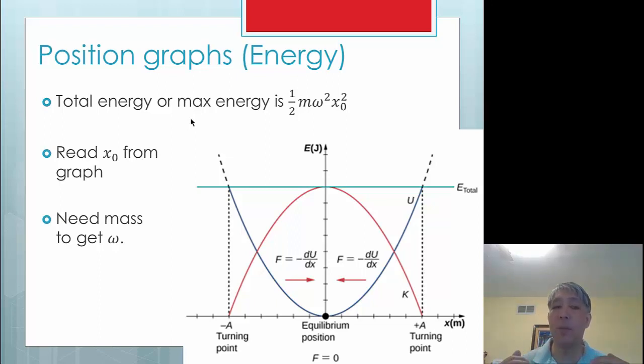I can read my amplitude from this graph as well, because at that point, my kinetic energy has hit 0, or at that point, my potential energy has hit its maximum. Again, I'm going to need mass to get to my omega from these graphs, but I can calculate omega, and from there make my other calculations using the formulas.